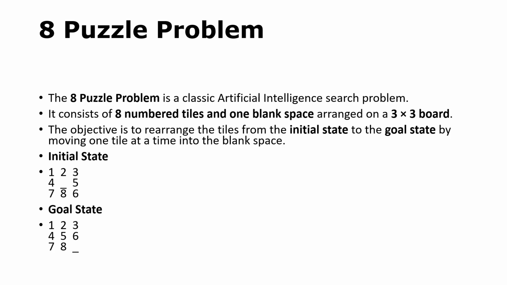This is the condition for the 8 puzzle problem, and the main objective is to rearrange the tiles from the initial state to the goal state. Whatever feasible way we need to reach the goal state, we have to move the values with the help of the blank space, moving one tile at a time into the blank space.